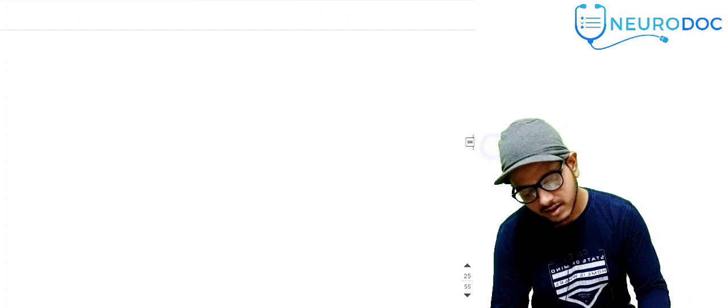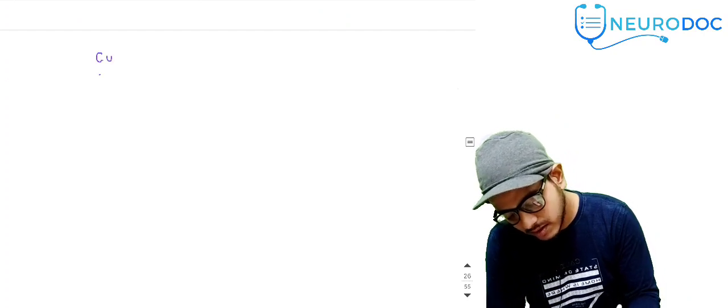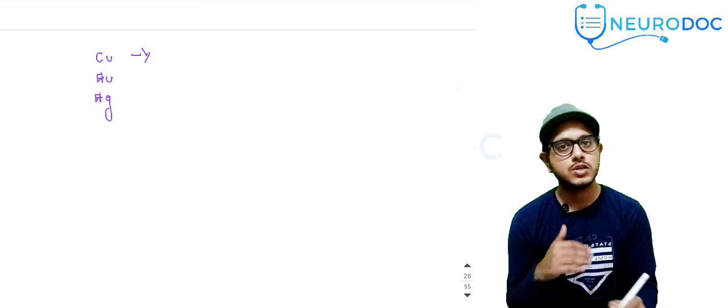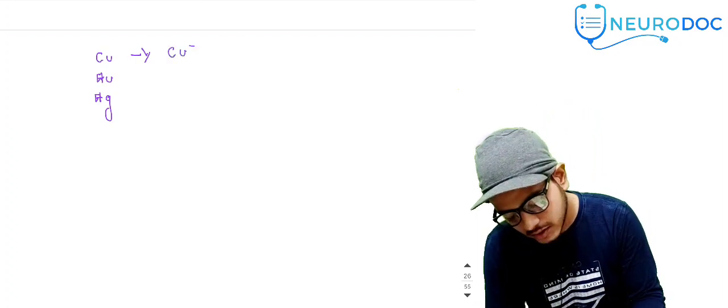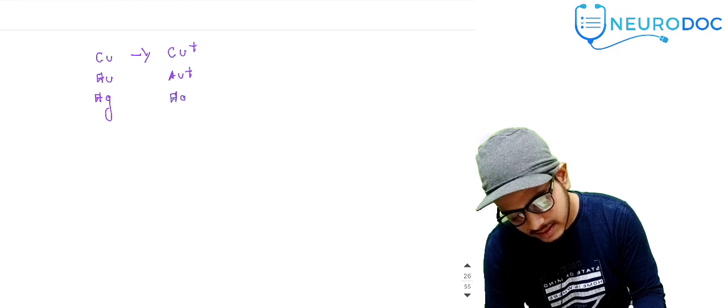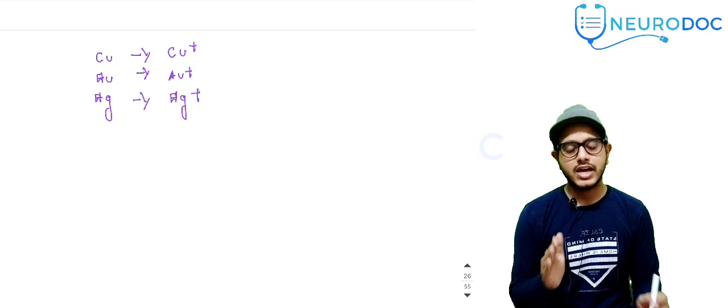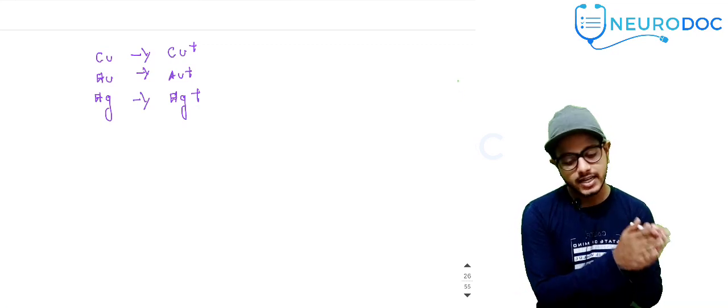In the periodic table, copper, silver, and gold are in the same group. So the electronic configuration will also be the same. So Cu+, Au+, Ag+ will also have the ns2 np6 nd10 configuration.